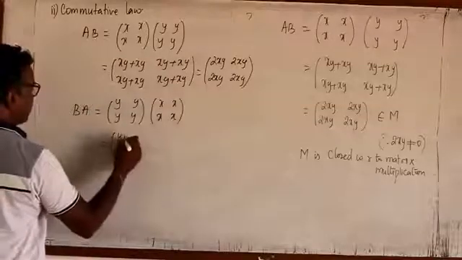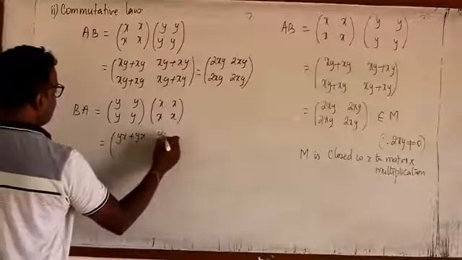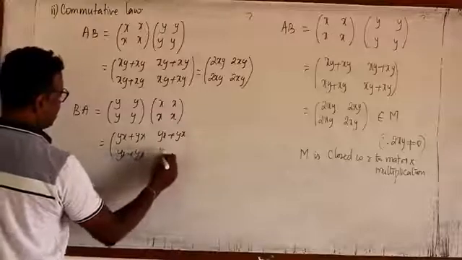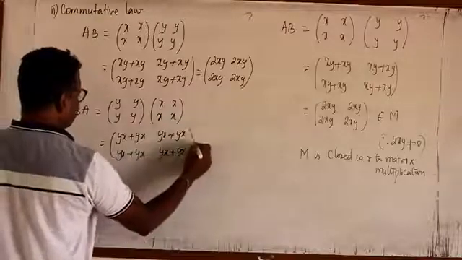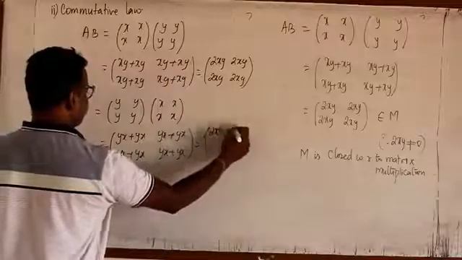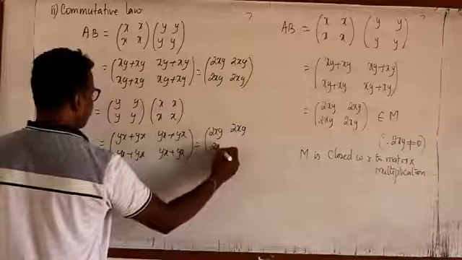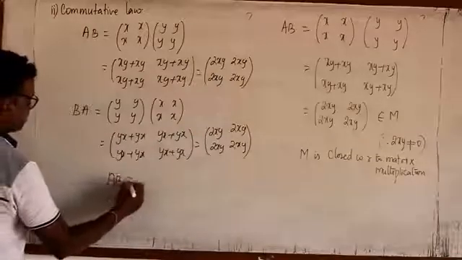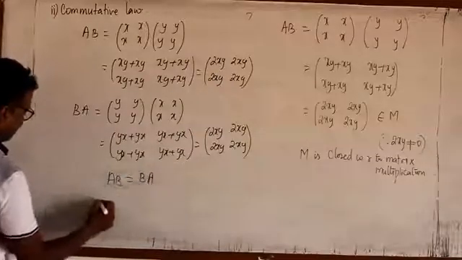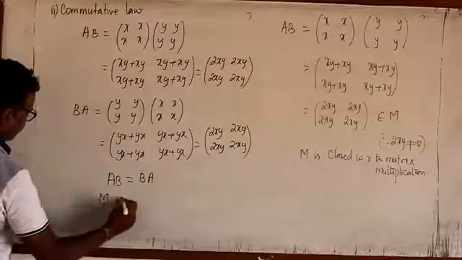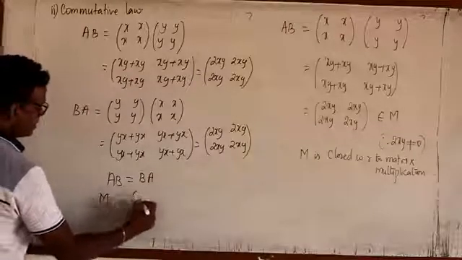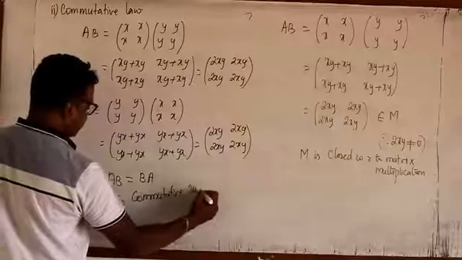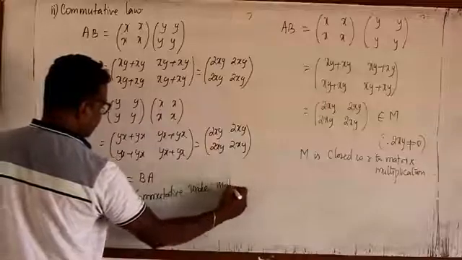That is yx plus yx in each entry, which I can write as 2xy itself, 2xy, 2xy, 2xy. Therefore, here AB equals BA. Therefore, M is commutative under matrix multiplication.